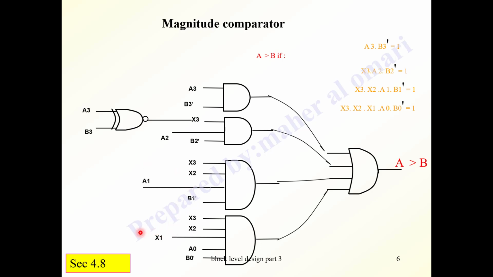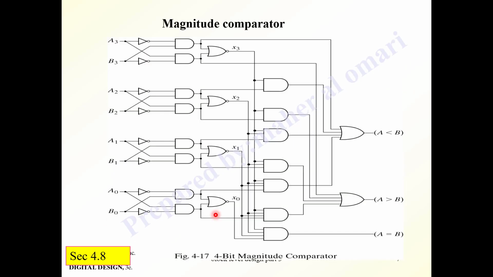X1 is an exclusive NOR gate also, that has the inputs A1 and B1. And the final result that will come out is this. This is the exclusive NOR gate here. Okay? And we can follow the same technique.